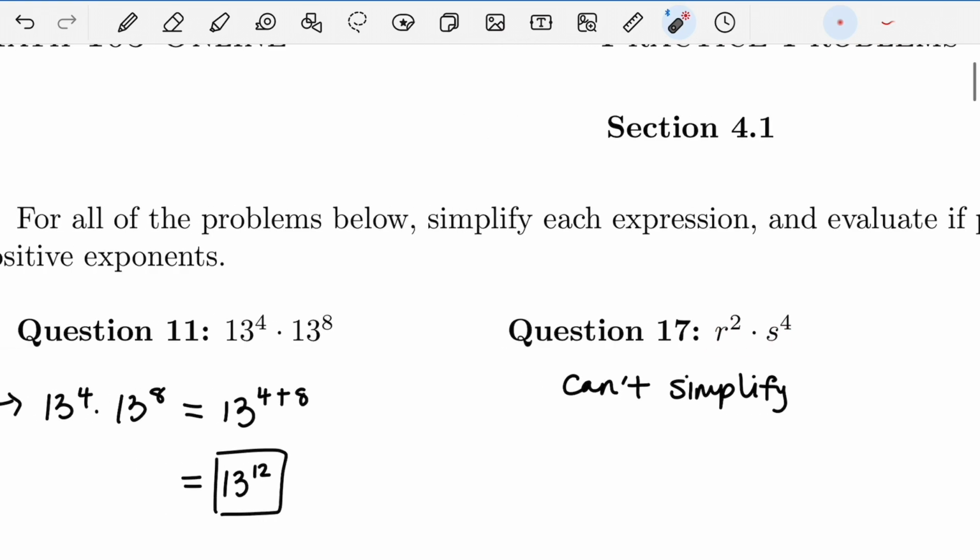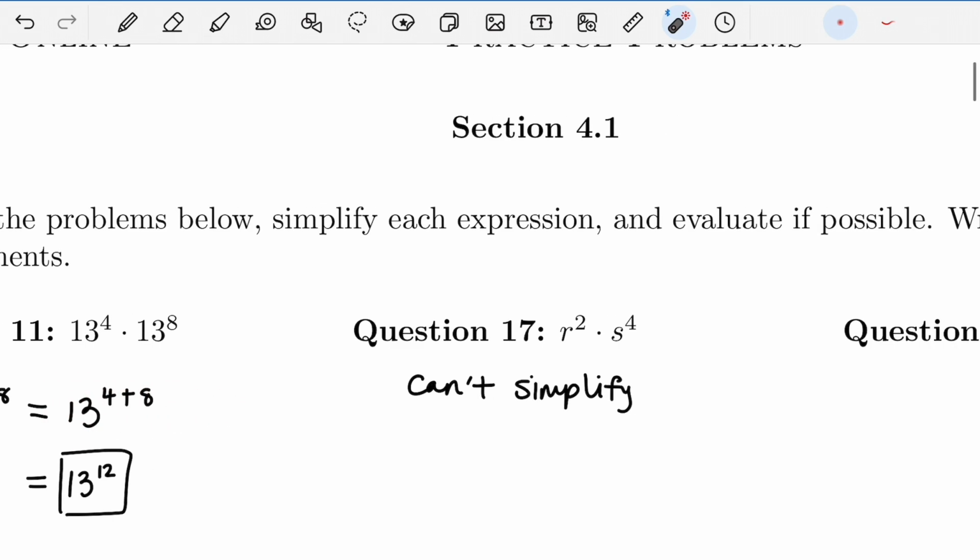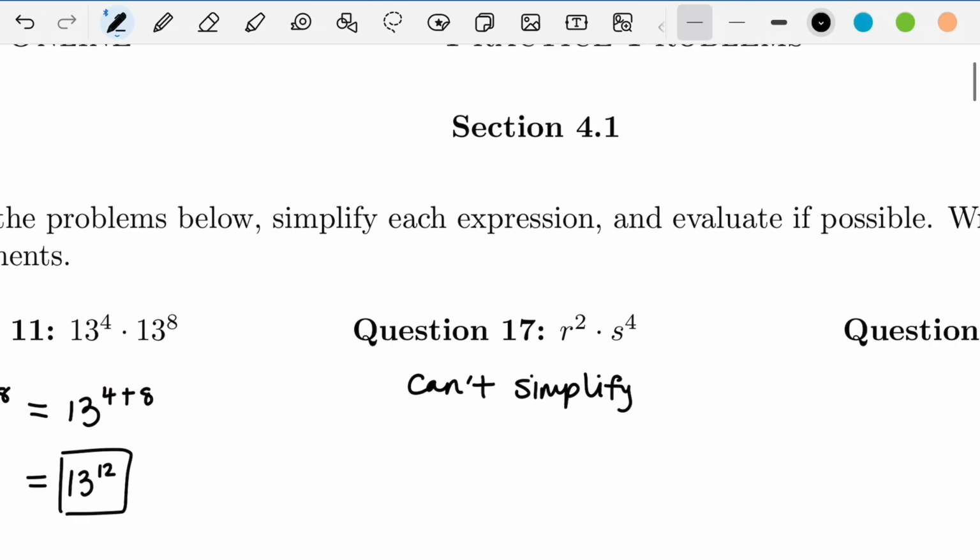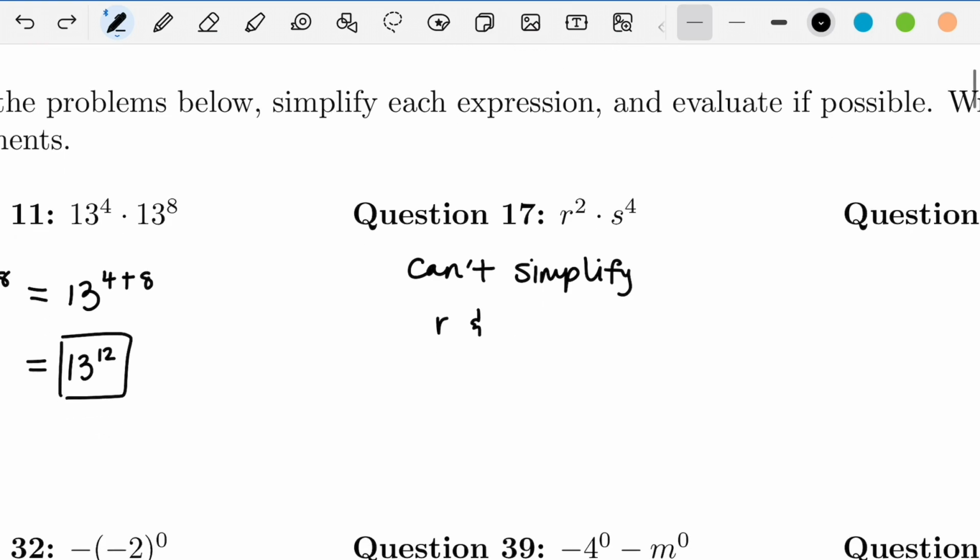In the last example, our base was 13, so we were able to apply our product rule. So in this case, we can't simplify R and S. R and S are not the same base, so we would just leave it at that.